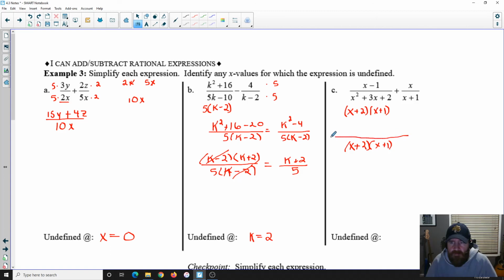Okay. So nothing happened to this fraction because this is the common denominator, so we just write the top. This one we have to multiply by this x plus 2 to make it match.